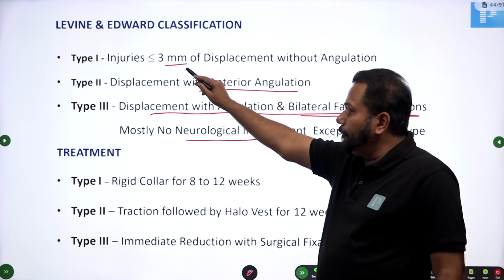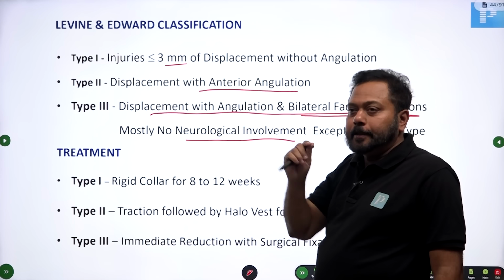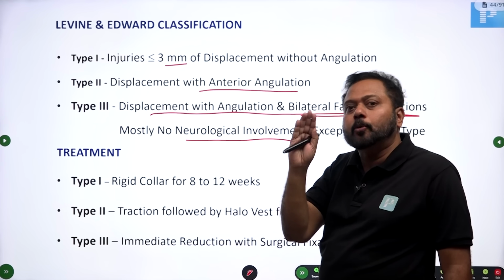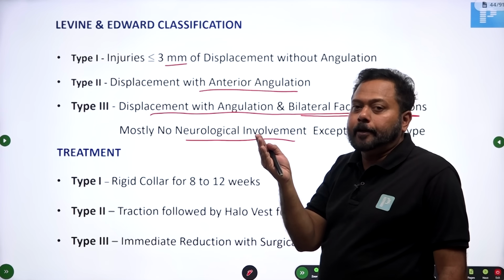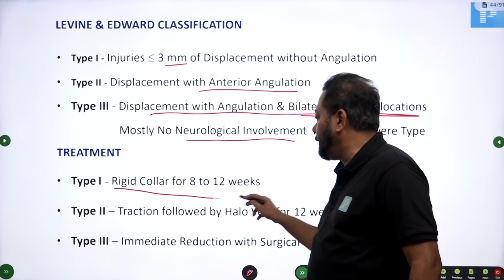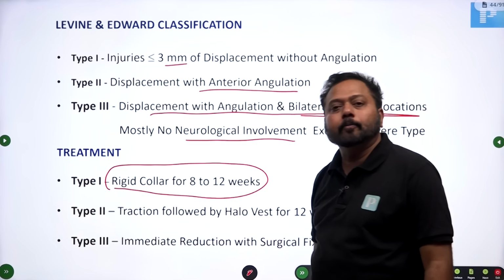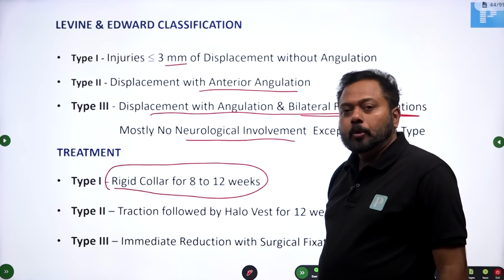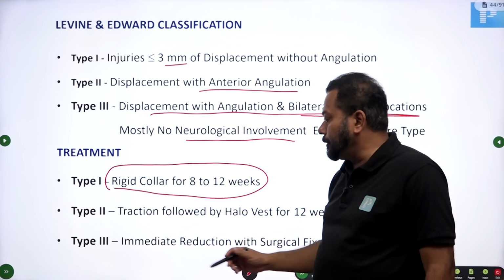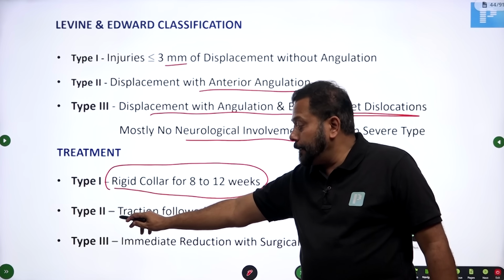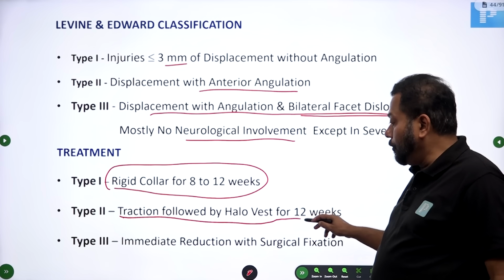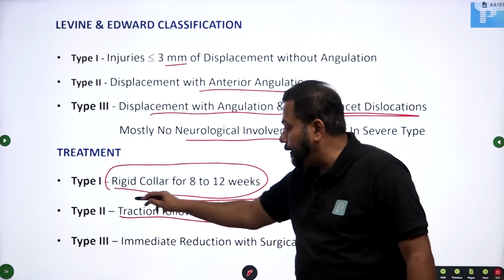So if it is type 1, that is just fracture through pars interarticularis, it is not at all displaced, there is no angulation of the vertebra, you can treat conservatively with a rigid cervical collar for 8 to 12 weeks. If it is type 2, there is mild displacement with anterior angulation, you have to admit the patient, give a traction of the head and neck followed by halo vest for 12 weeks.